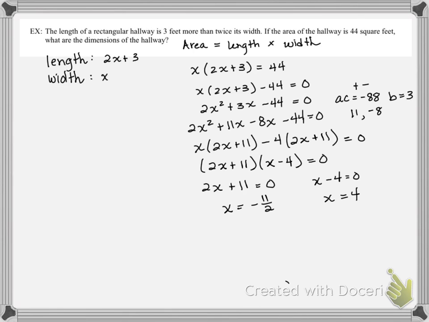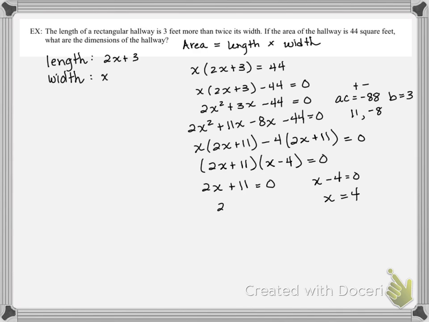So what did I just find out about my rectangle? Because if you have 2x plus 11, you have to subtract 11 from both sides. So what did I just find out?